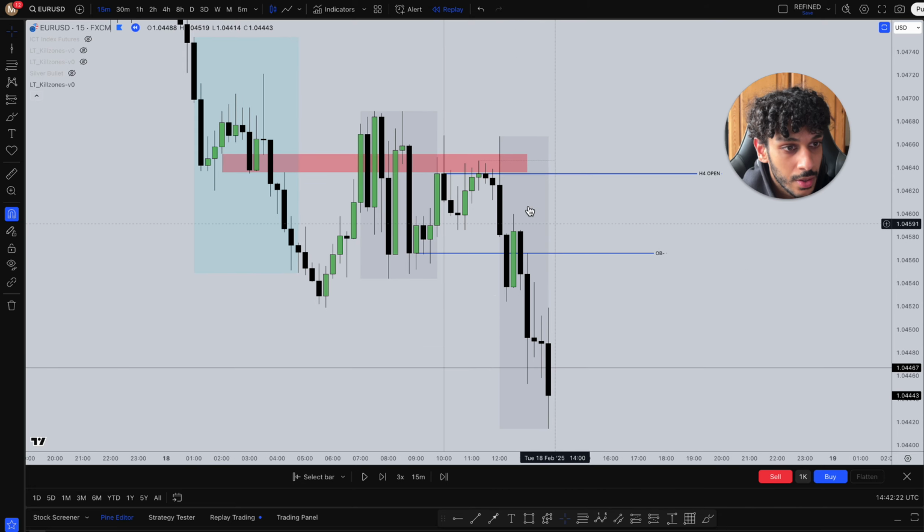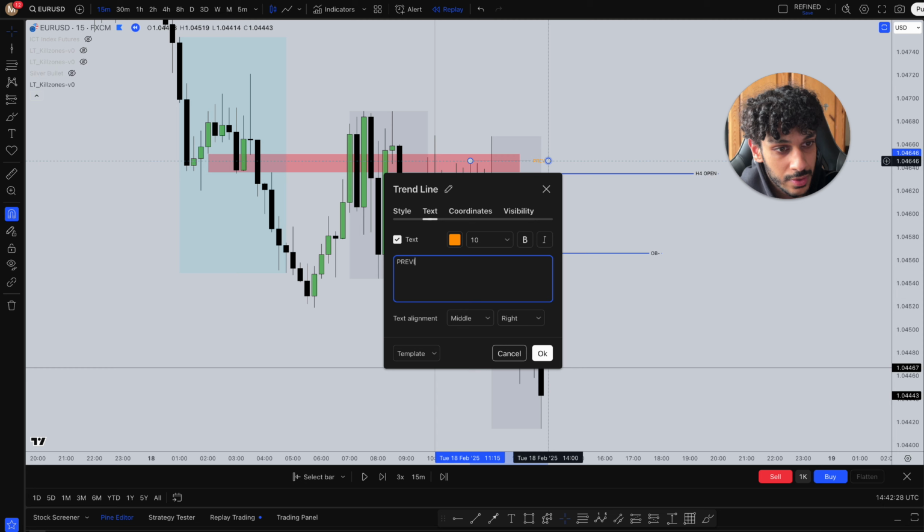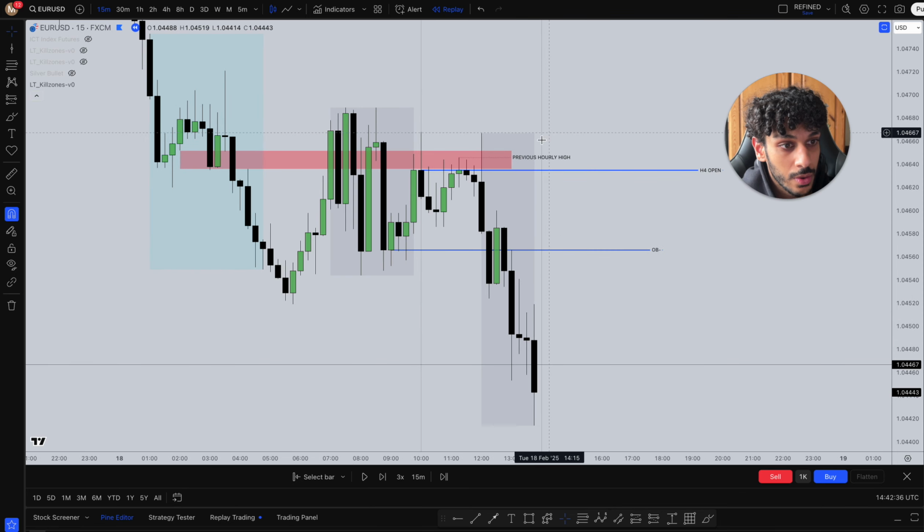Okay, so we started the hour off, small consolidation. We've then ran out previous hourly high. If you start to think about this again from the daily perspective, it probably makes more sense. So, like I said, I'm expecting aggression during New York session.